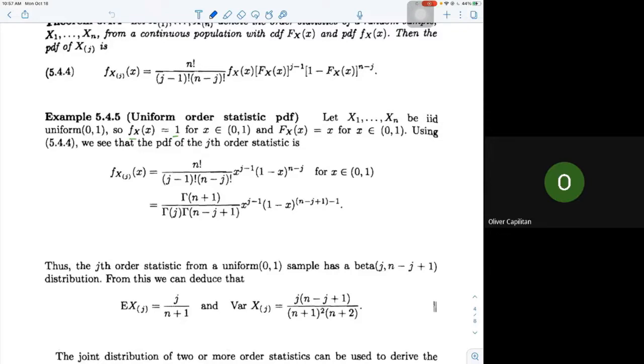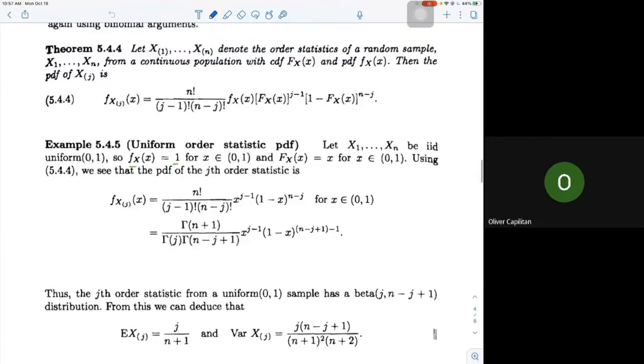So if we are going to determine the PDF of the order statistic X sub (j) using the theorem above, 5.4.4, okay, so n, we have an arbitrary n number of random variables. So n factorial over (j minus 1) factorial (n minus j) factorial.